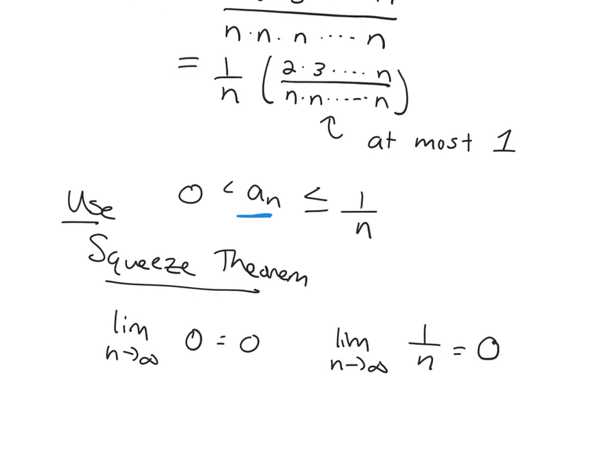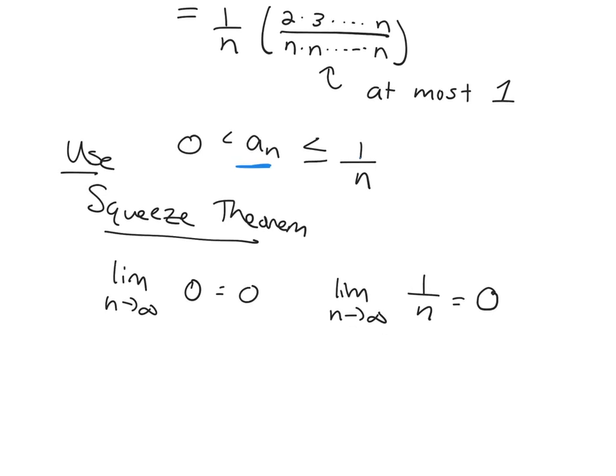So if I got the same limit on both sides, then the one in the middle has to have the same limit as well. Okay, just using the squeeze theorem. But the work was to try to figure out what to squeeze it between.